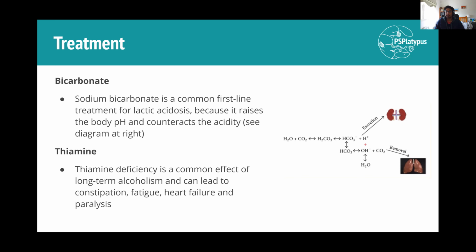So if you look at the diagram at the right, again, it looks very scary. It's not very scary, don't worry. So bicarbonate is HCO3. So you can see it sort of in the bottom left corner of that little square there. So the arrows show what you can convert it to. So HCO3 dissociates into OH minus, hydroxide, and CO2, carbon dioxide.